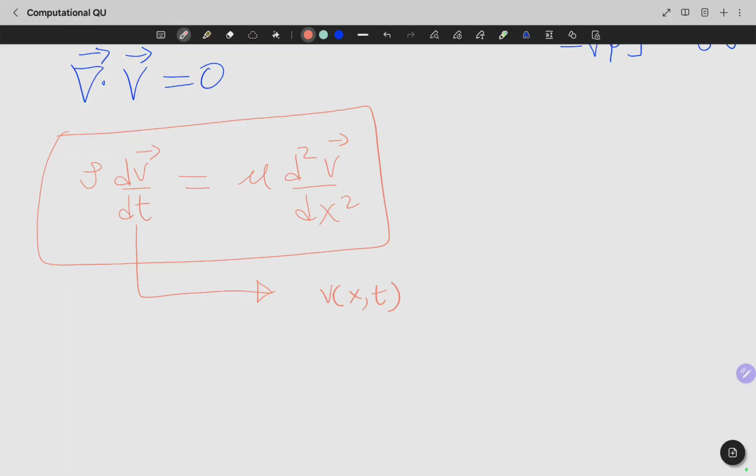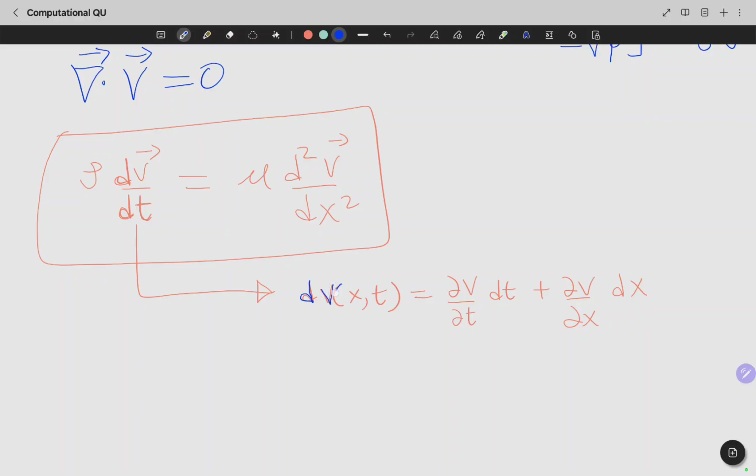And according to calculus, this is called the total derivative. Total derivative is when you say dv, that means you are looking at the change in v with respect to time, dt, plus the change in v with respect to x. This is standard calculus.